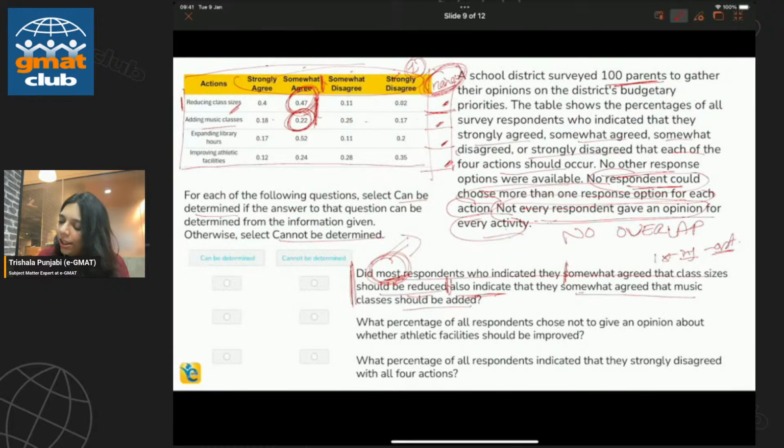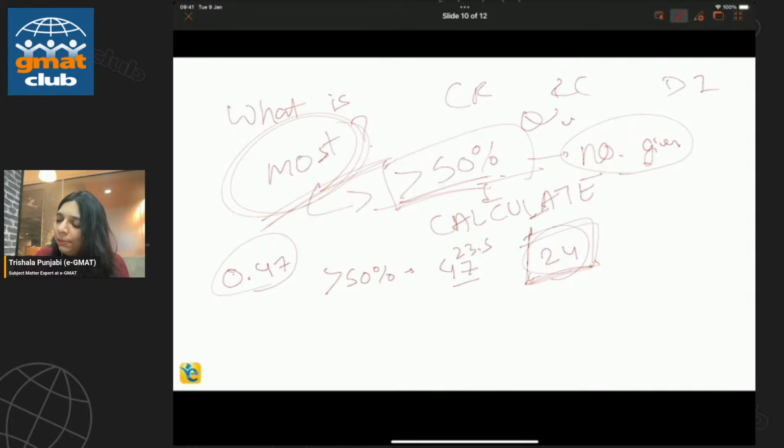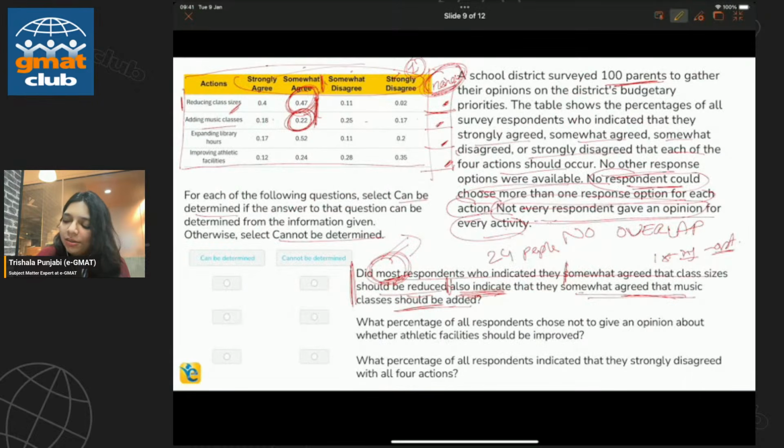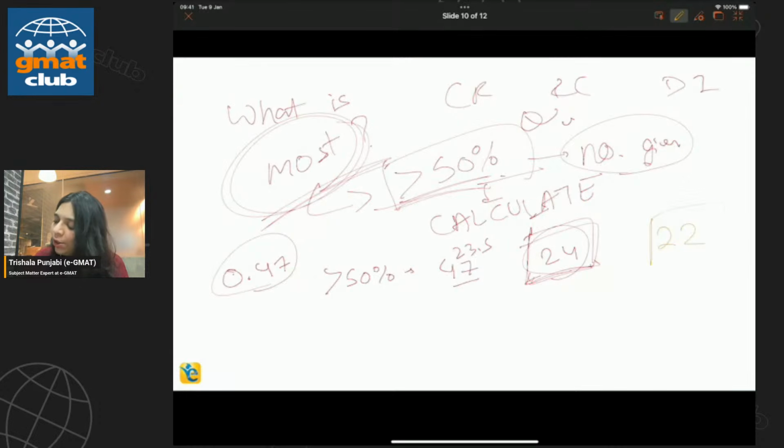So, did 24 people who somewhat agreed class size should be reduced also indicate that they somewhat agreed that music classes should be added? How many people think that music classes should be added? 22, because this is what we were comparing. So 22 people think that music classes should be added.